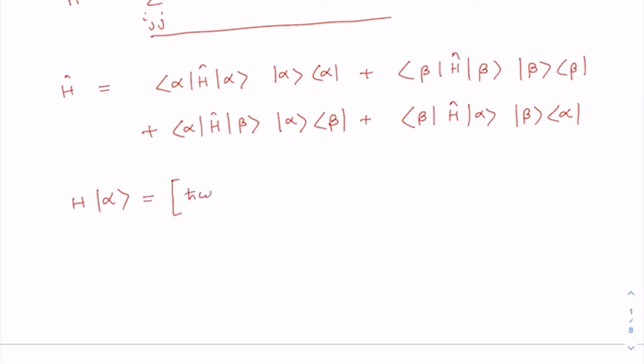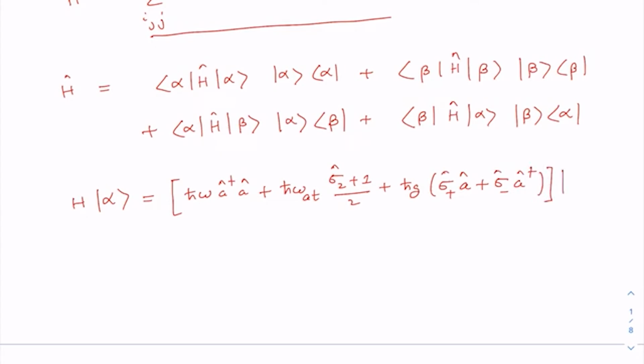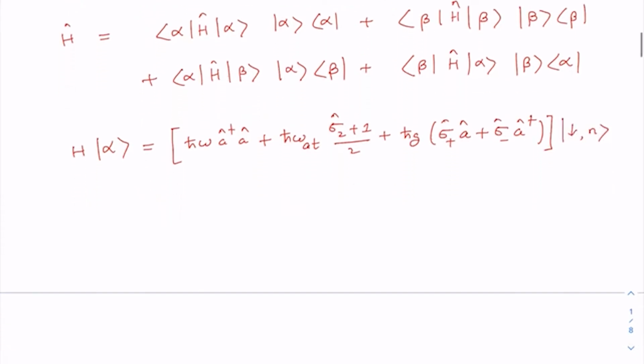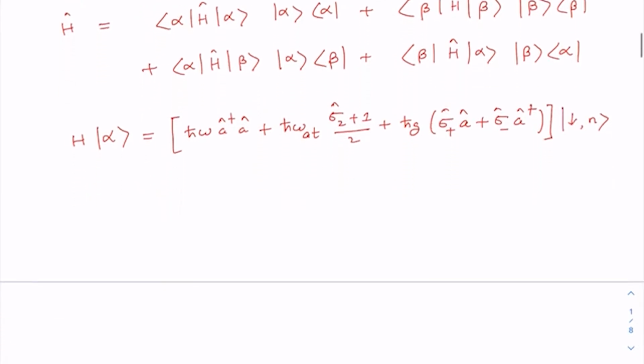H is ħω a†a plus ħω_atom (σz plus 1)/2 plus ħg (σ+ a plus σ- a†). All these are operators, and ket alpha is the ground state of the atom and the field state. So this is what we have.